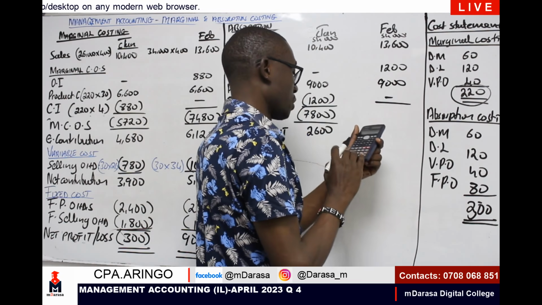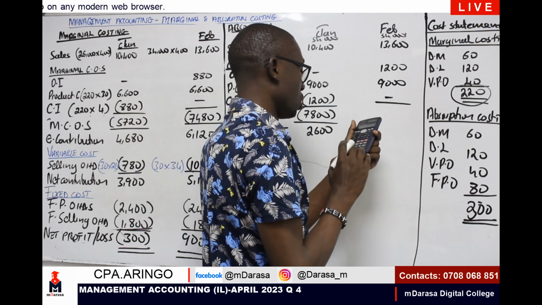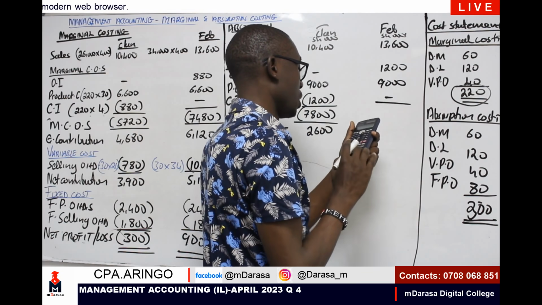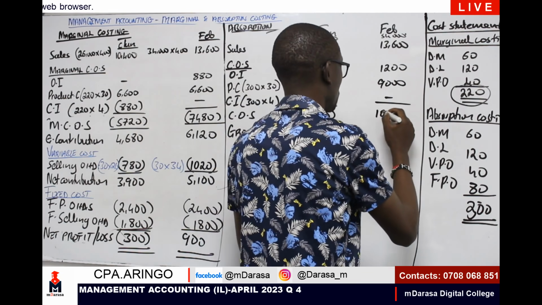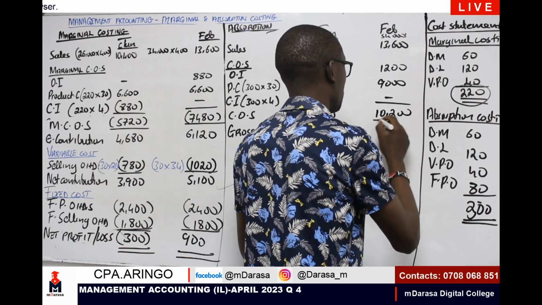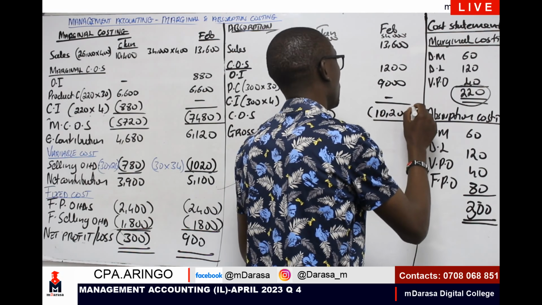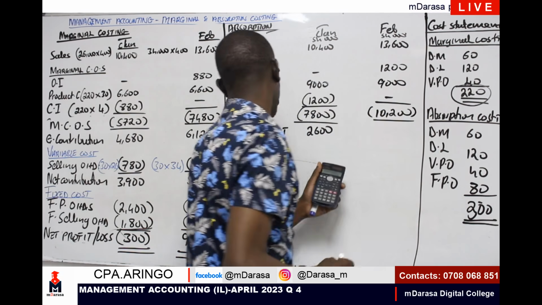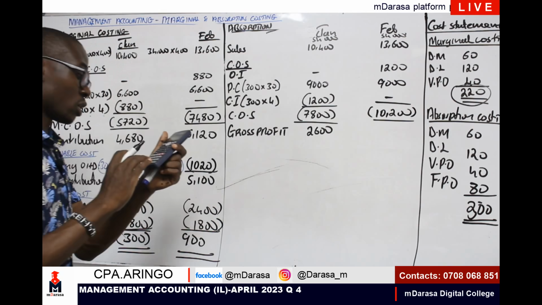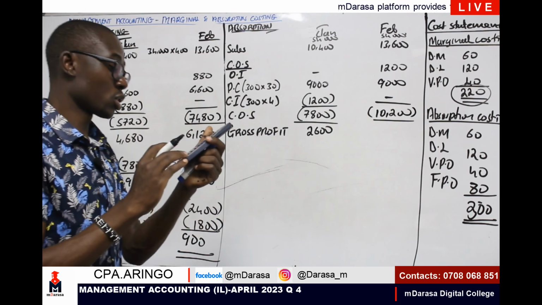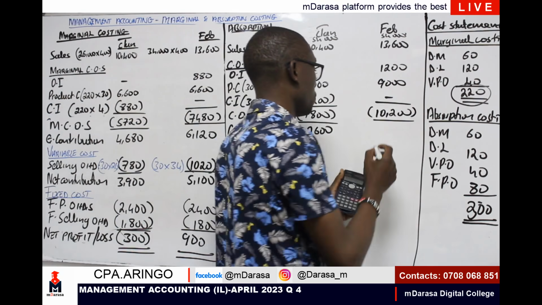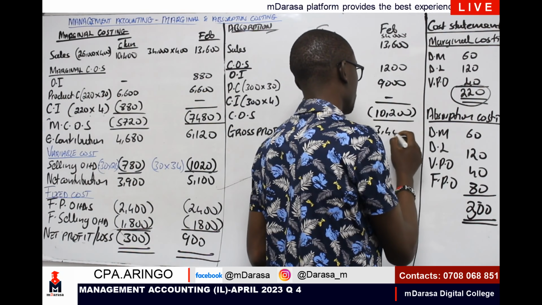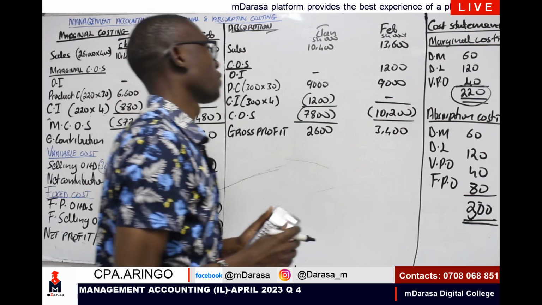So this gives us 1.2 plus 9 million to give us 10.2, being our cost of sales. Therefore, my gross profit will be 13.6 minus the answer, which will give me 3.4. So that will be your gross profit.